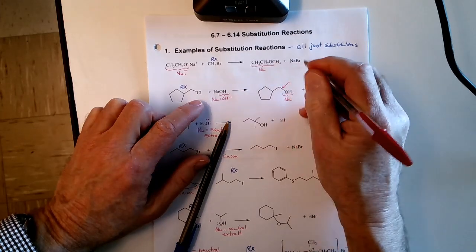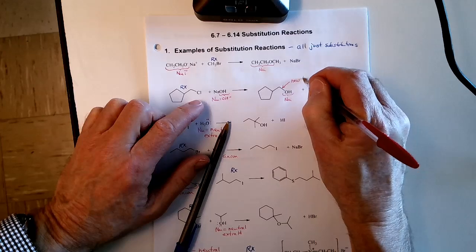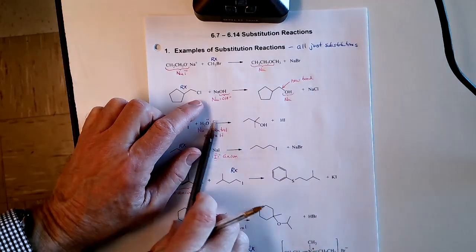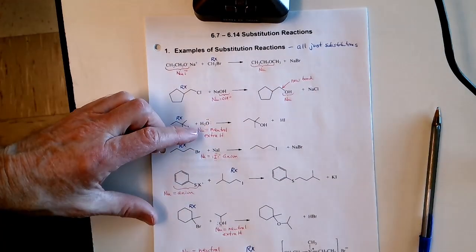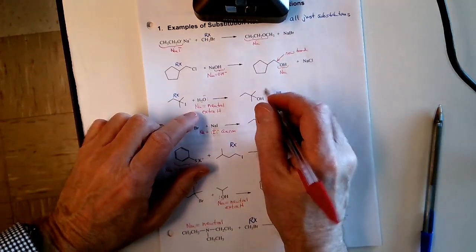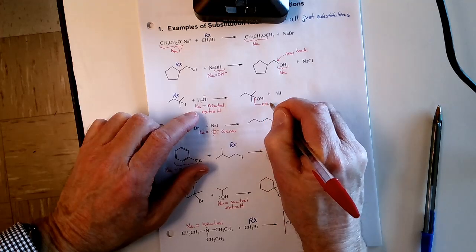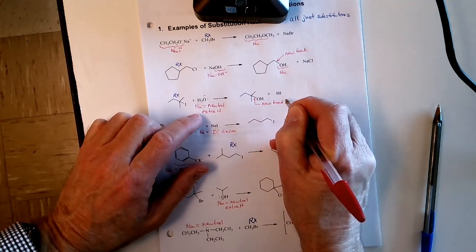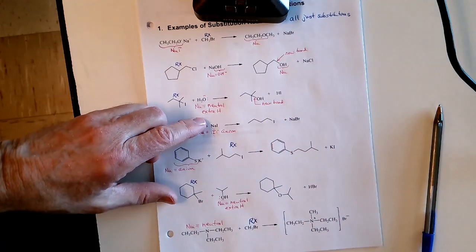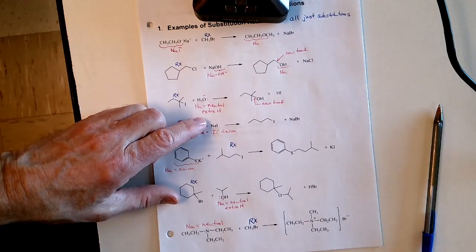And notice, because of the way this is drawn, it's easy to tag the new bond. And you have the halogen that left as its leaving group. What do we got here? There's the new bond right there. The nucleophile came in and said, I am substituting for you iodide, get out. Which it did.